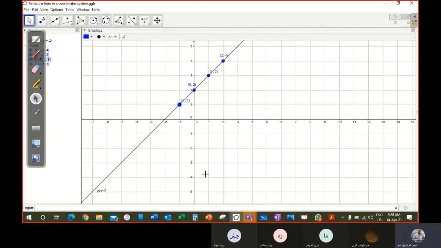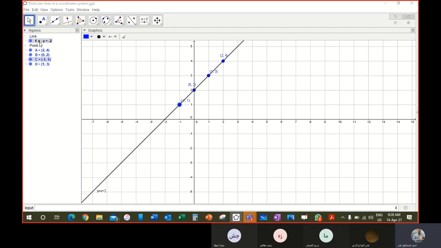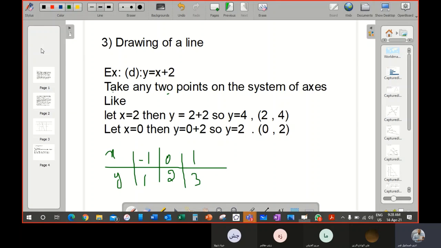As you can see, these 4 points belong to the line, so we can construct a line in a system of axes by this method.